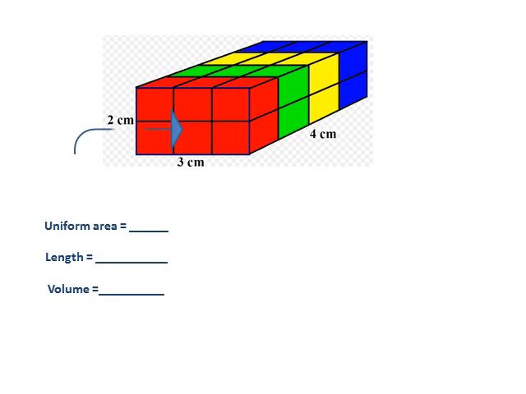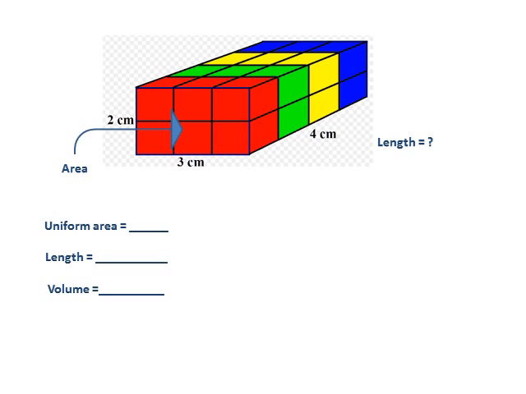So for this one, we will use this as our uniform area, which is the front. This is the front area, right? And your front area is 2 times 3. So let's say 3 is your width. So this will be thickness times your width. So therefore, your other dimension will be the length, which is 4.